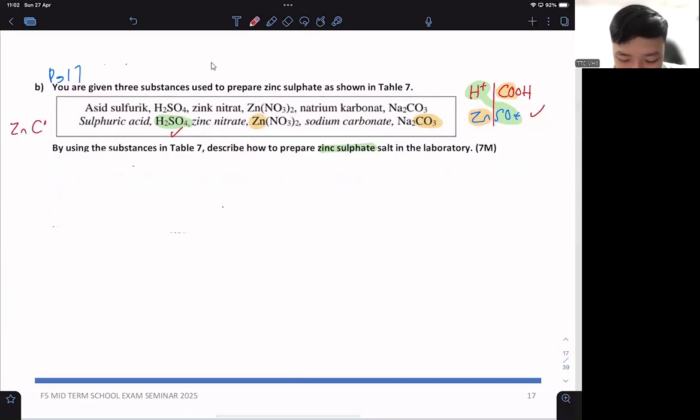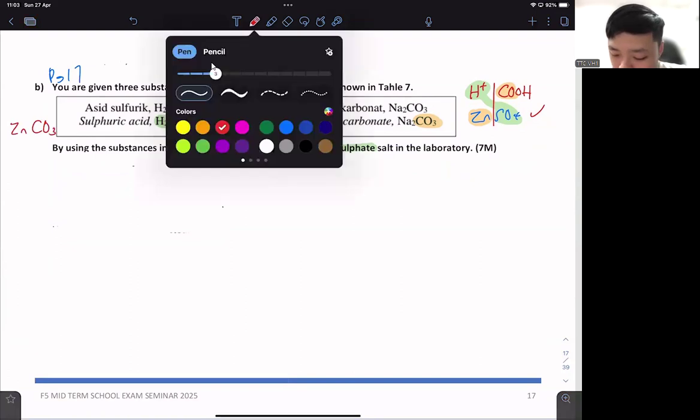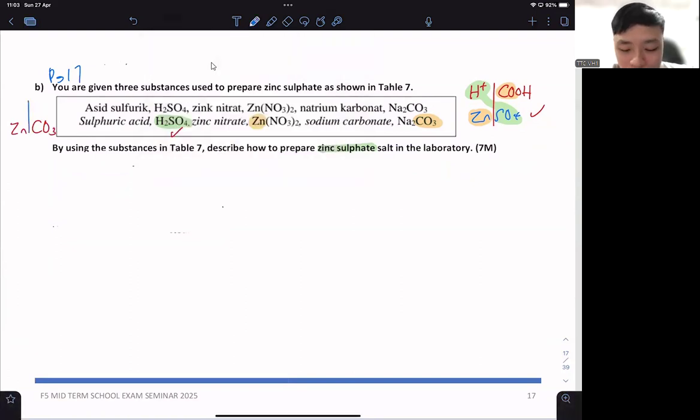Zinc carbonate is insoluble, carbonate is insoluble. Then you prepare using soluble salts. The first one, you get sodium carbonate.